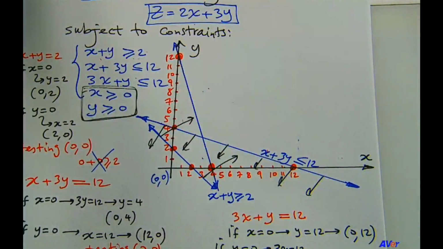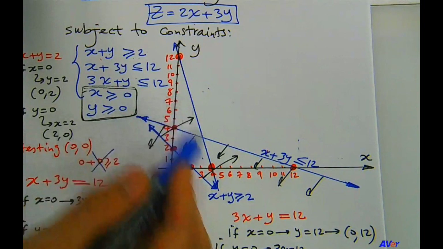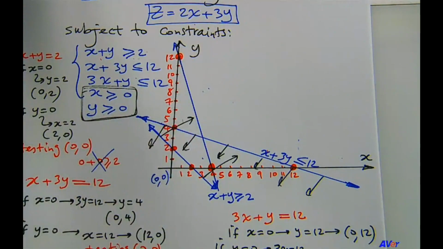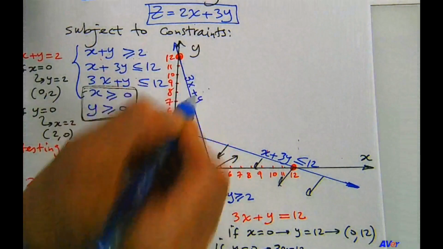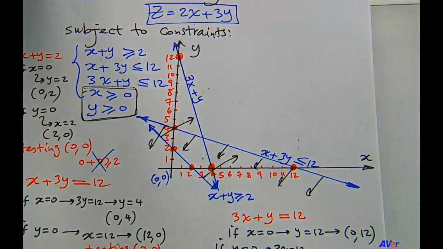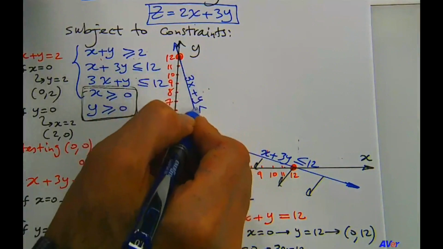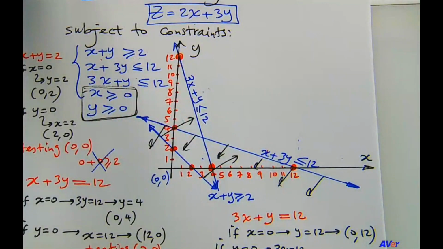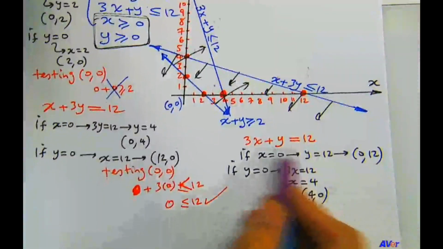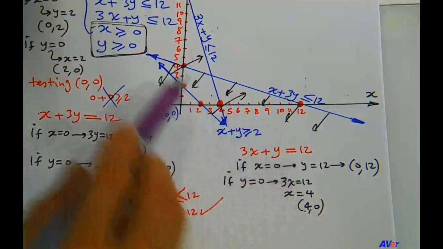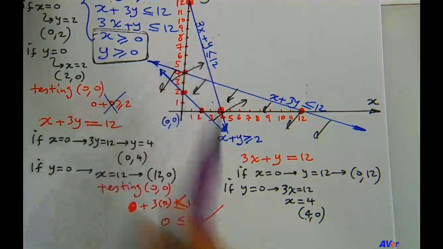And I'm going to write on top of this the inequality that is associated with it: 3x plus y less than or equal to 12. Okay, so let's pick a test point. Again, this line is not going through the origin, so we can pick the origin as a test point for this inequality.